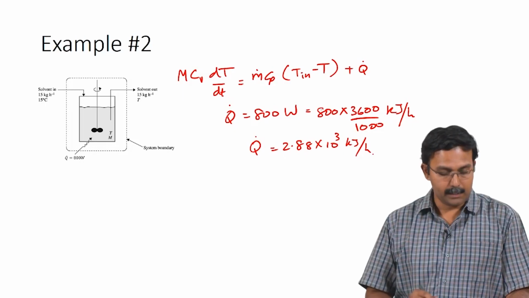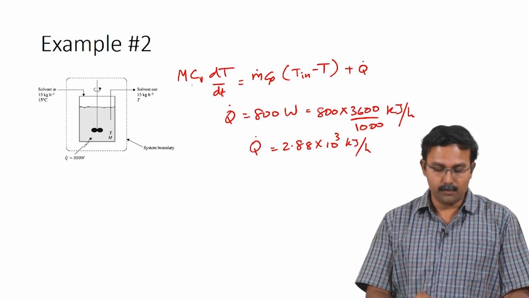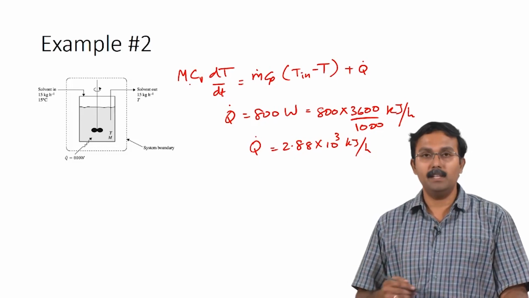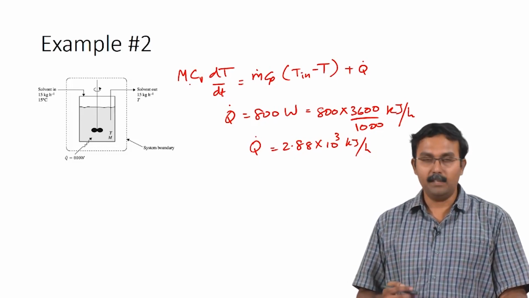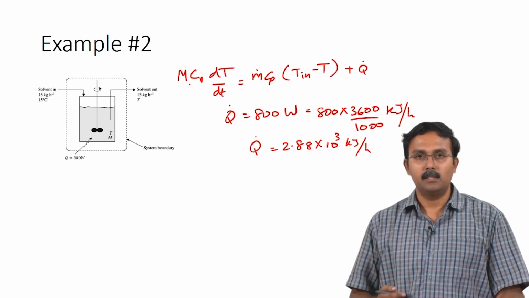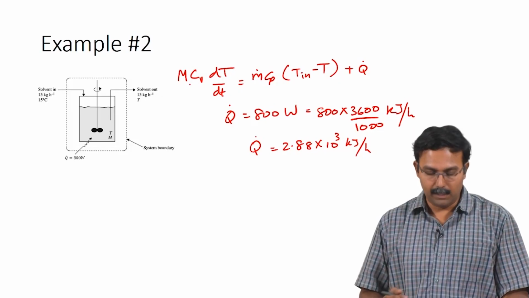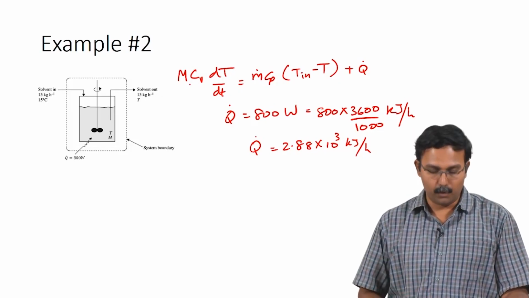The next step is to substitute the values for m dot, Cp and Cv. We have only been given the value for Cp. So what would be the value for Cv that we can use? Because it is a liquid system, we can assume Cp is approximately equal to Cv and use the same value for both.